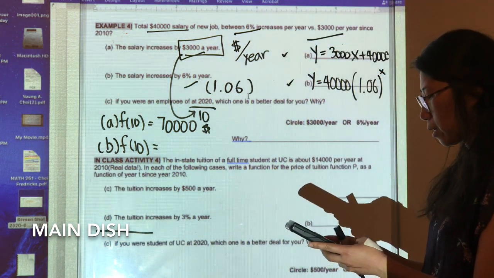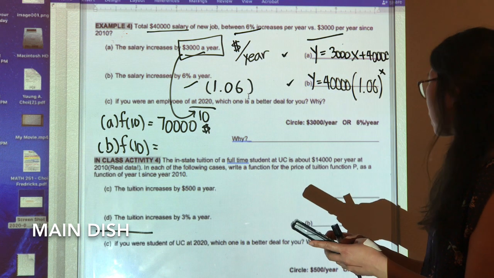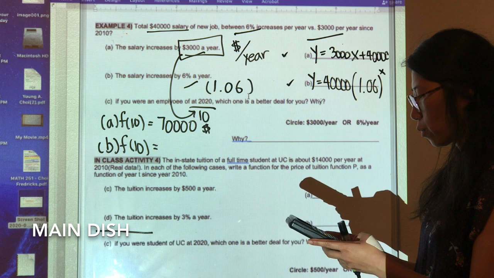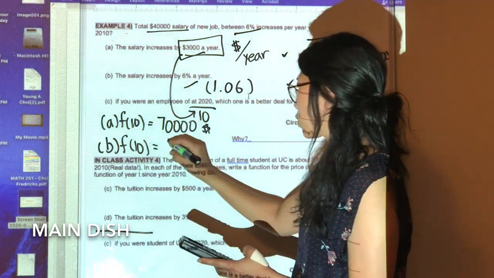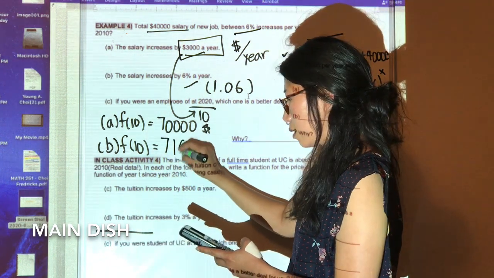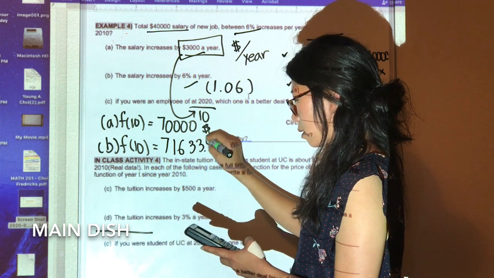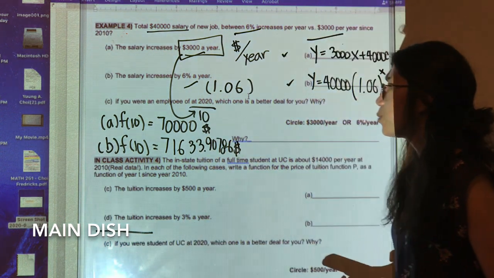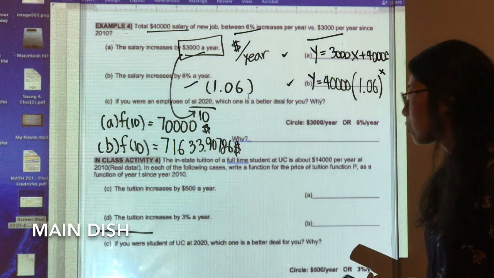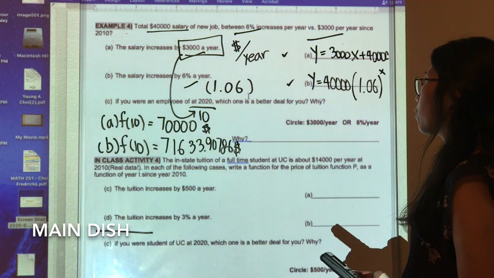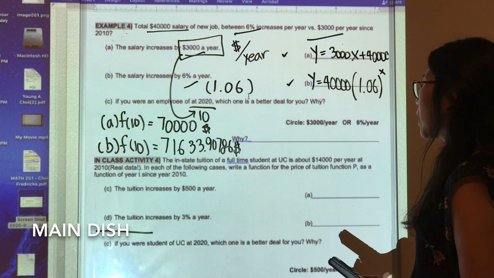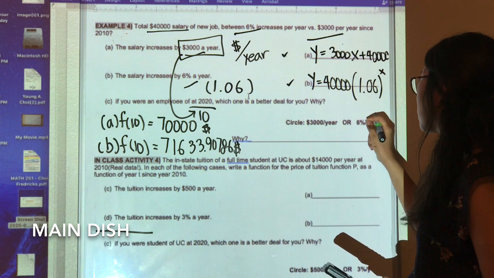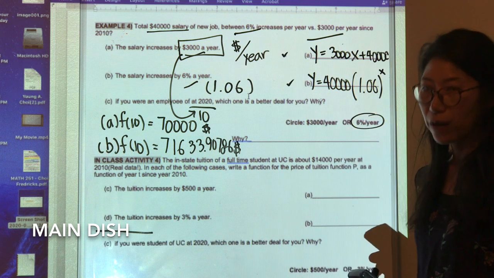Let me punch it into the calculator quickly. 40,000 times 1.06 to the 10th power. When I punch it in, I get a little bit more than $70,000. So if you are going to work for 10 years, probably the 6% raise will increase faster.